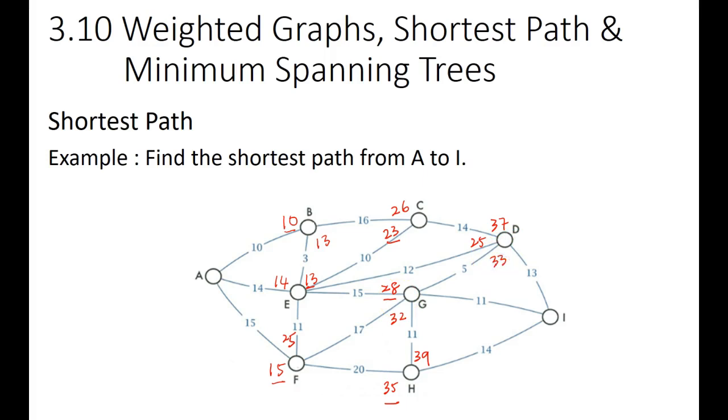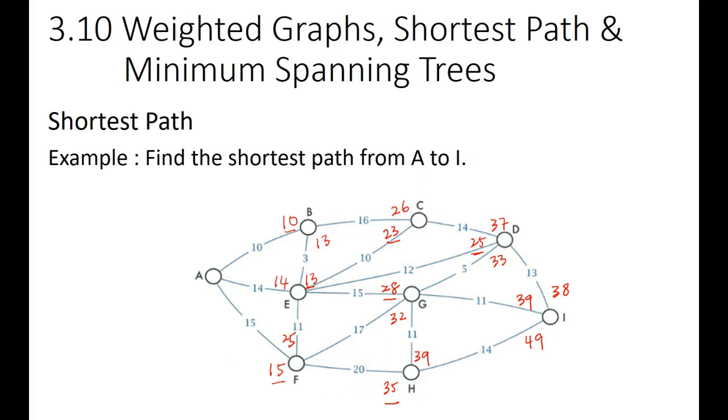As for G towards I, I have 28 plus 11, which is 39. As for this one here, if you look at D, the smallest is in this case 25. 25 plus 13 will be 38. And as for this part here, 35 plus 14 is 49.